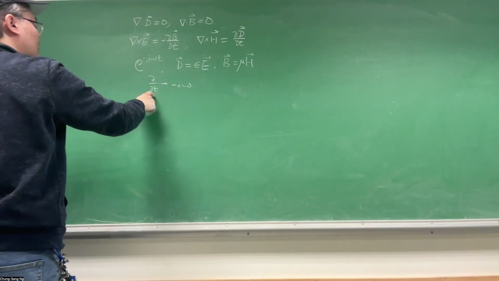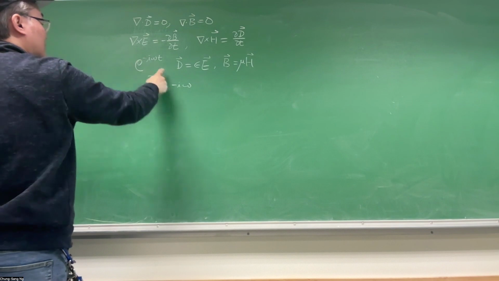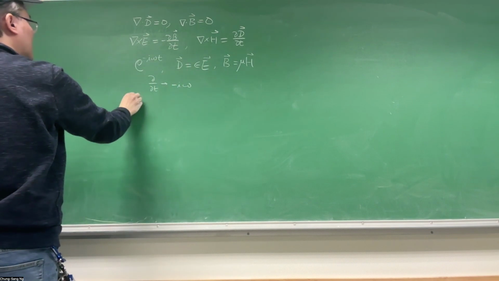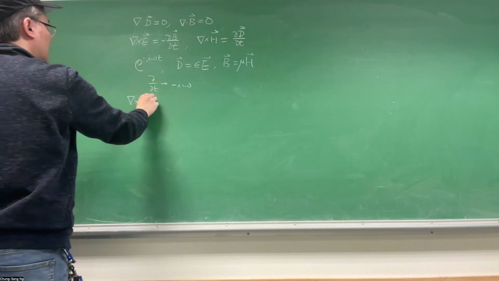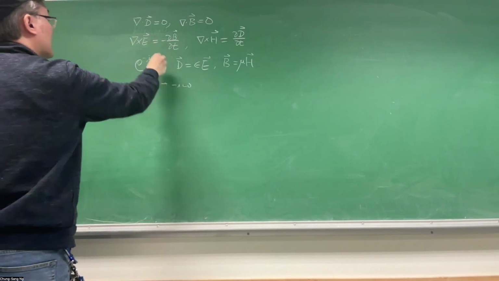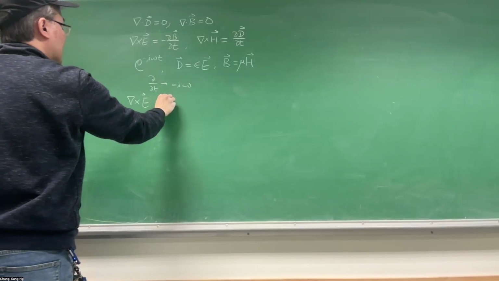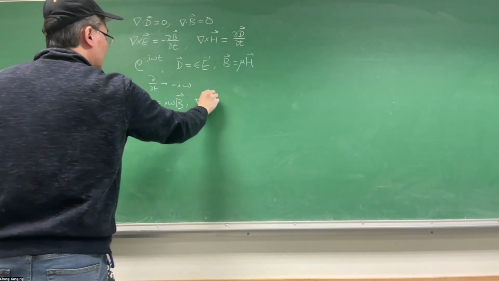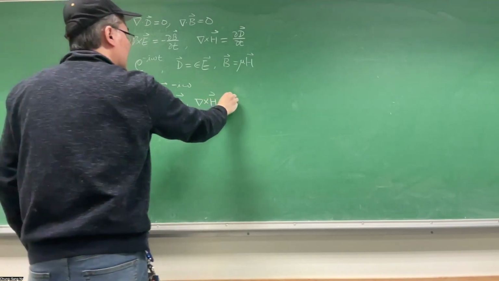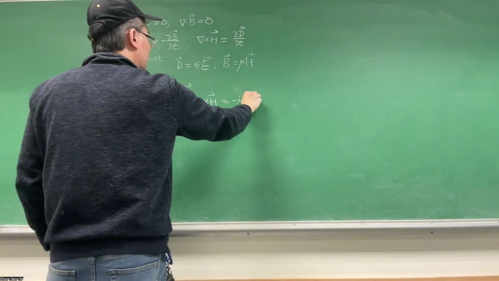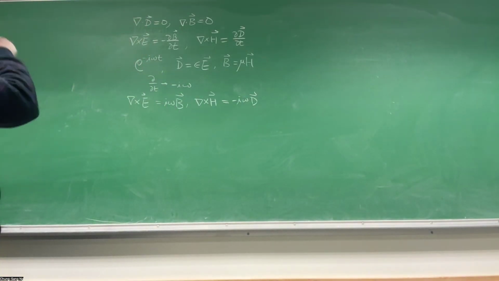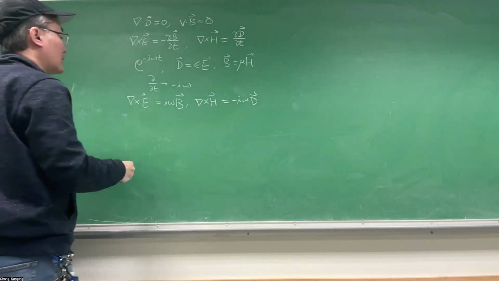So take the time derivative, we pull out the factor minus i omega. So basically changing these two equations. So Faraday's law becomes curl E is i omega B, and curl H is minus i omega D. Okay, so that is straightforward.